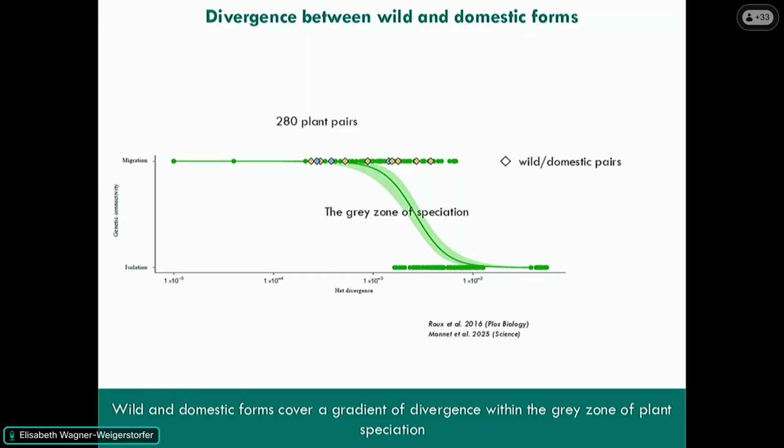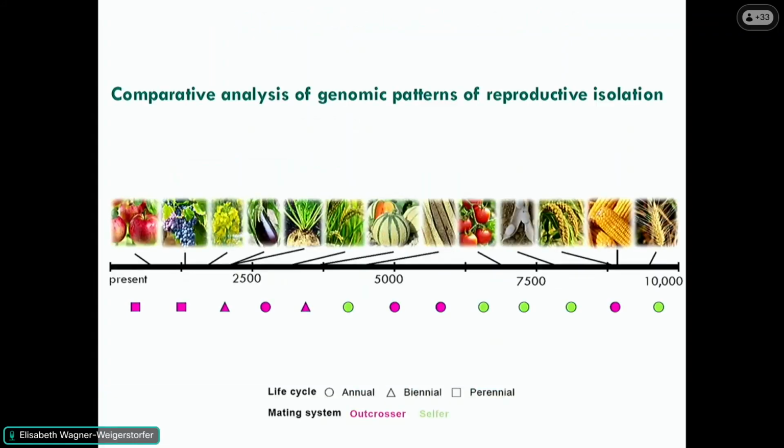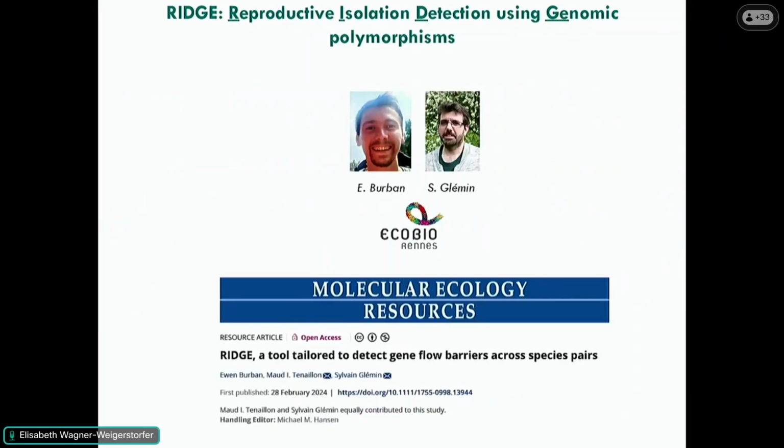That's what we are aiming to do. To do that, we are performing a comparative analysis of the genomic patterns of reproductive isolation in all 13 species that I described earlier, covering a range of domestication timing, a variety of life cycles, and also mating systems. The first thing we did was develop a tool that we called REACH, for reproductive isolation detection using genomic polymorphism.